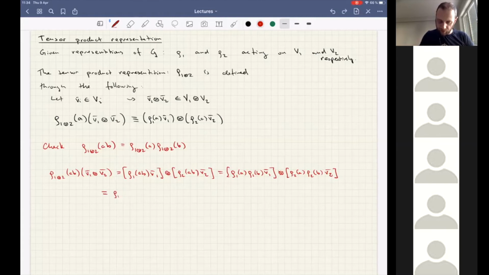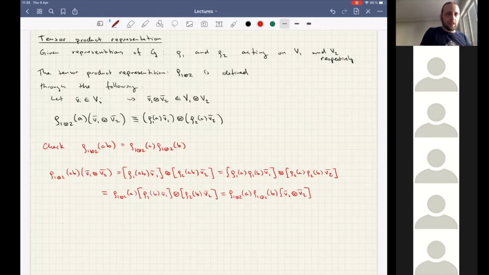which gives us that this is rho 1 tensor rho 2 of A, multiplied by rho 1 of B acting on V1, tensor product with rho 2 of B acting on V2, and using the definition again in the reverse direction, we find rho 1 tensor rho 2 of A, rho 1 tensor rho 2 of B, acting on V1 tensor V2.